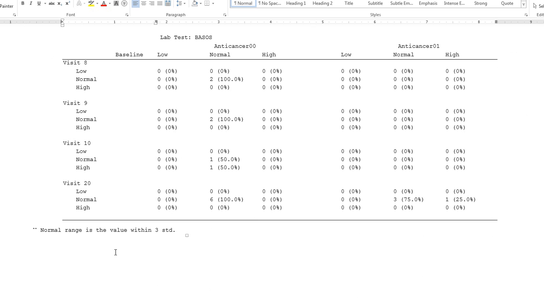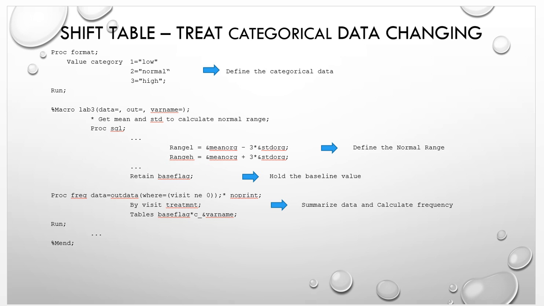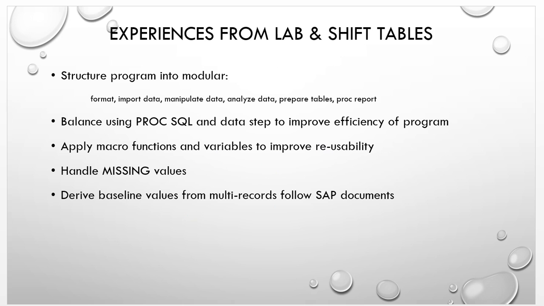We need to understand that mean minus or plus 3 standard deviations is the normal range. That's the third table output. In this count, we also know that macro and SQL are used and defined more efficiently, and we also count the missing values and derive the baseline.